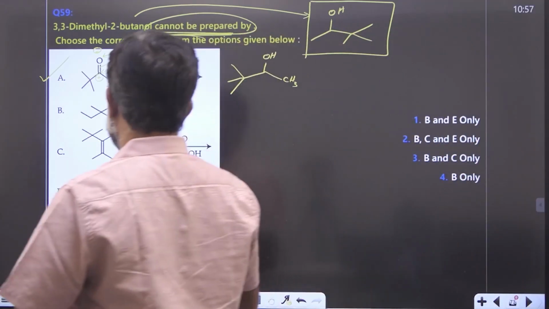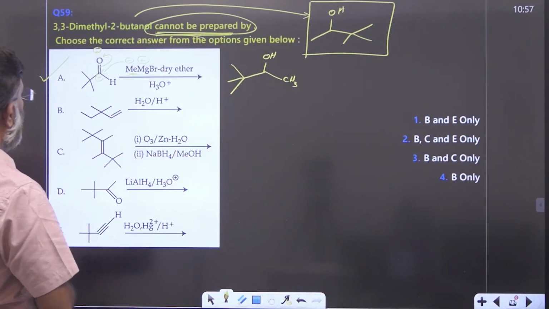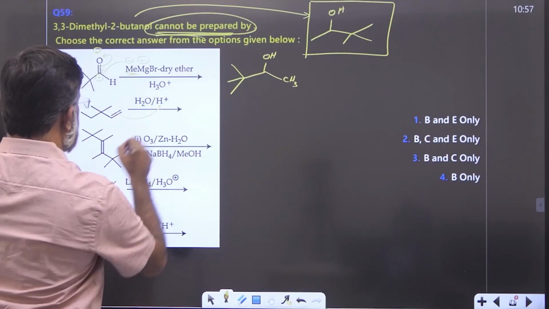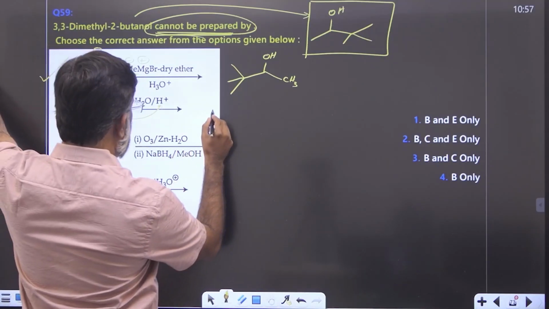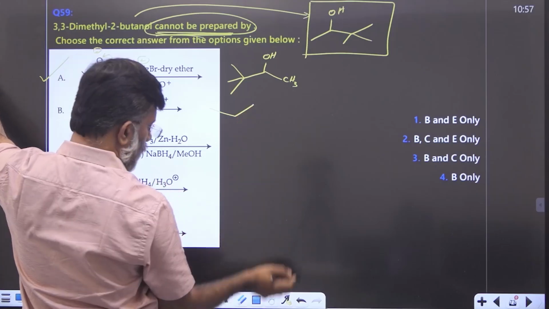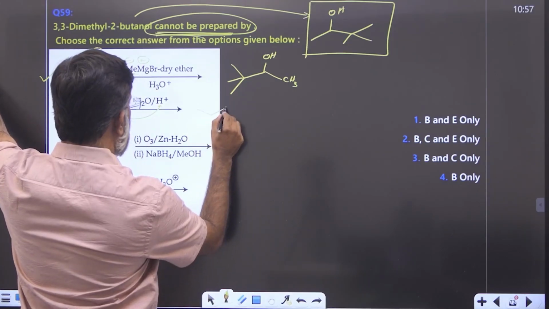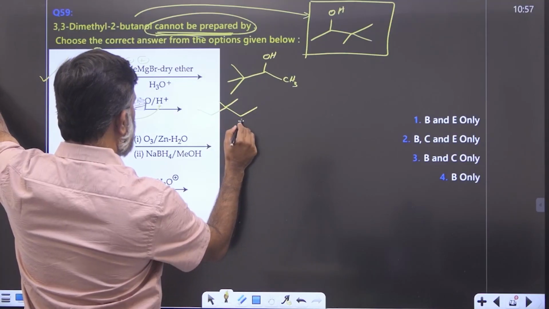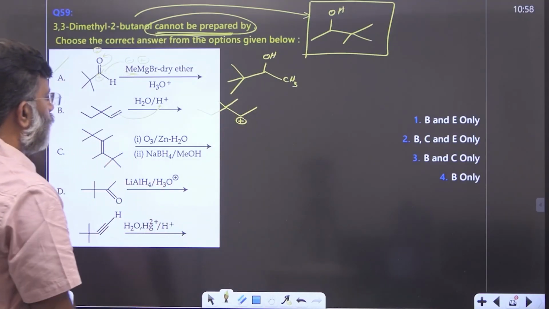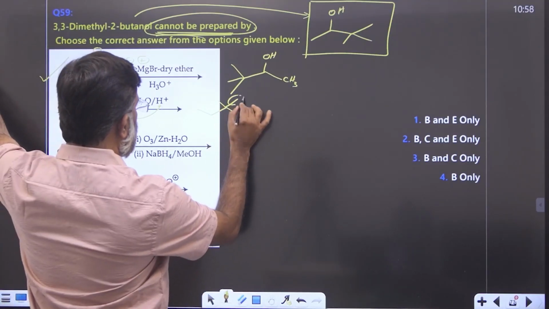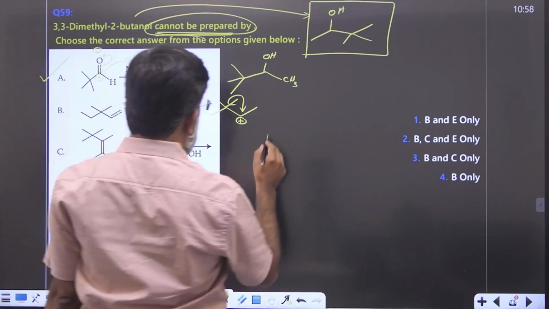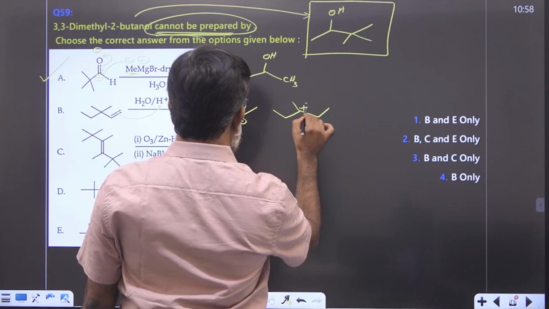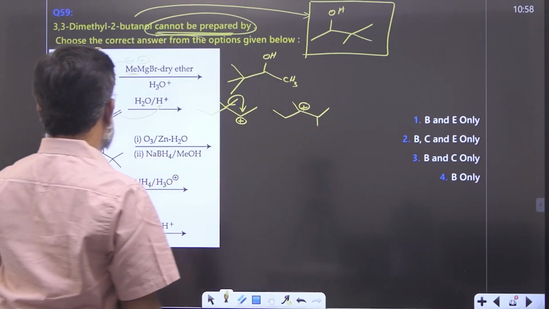What about B? First step, it is protonation. You get the carbocation like this. Now there will be a methyl rearrangement to get a different carbocation. This will be the new carbocation.